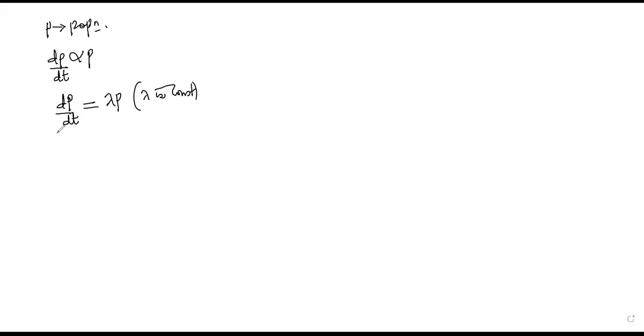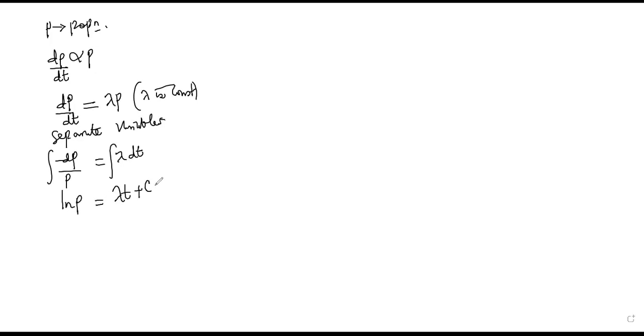Now from here, you can separate variables. So on separating the variables, you have dP over P is equal to lambda dt, right? And there you can integrate either side. When you integrate dP over P, you get ln P is equal to lambda t plus a constant.